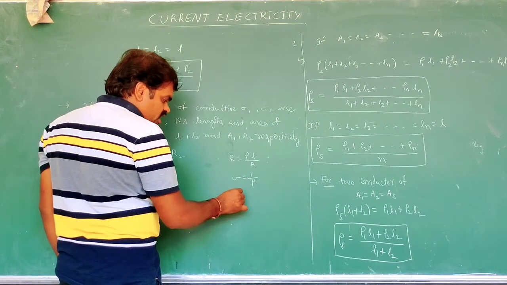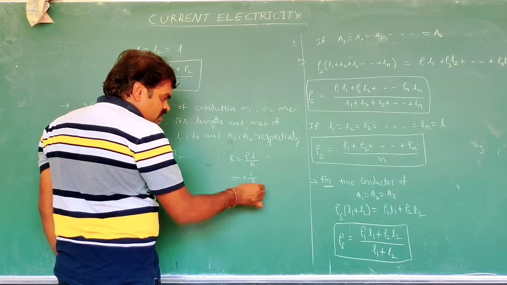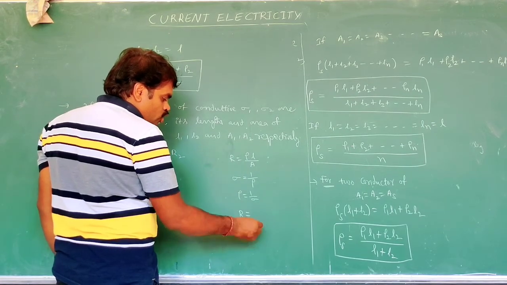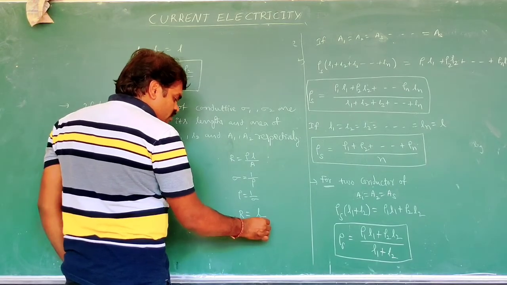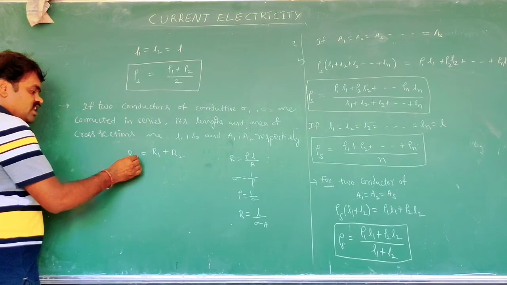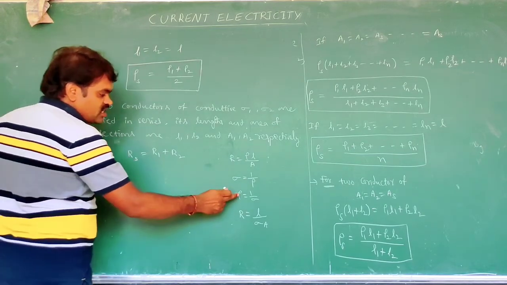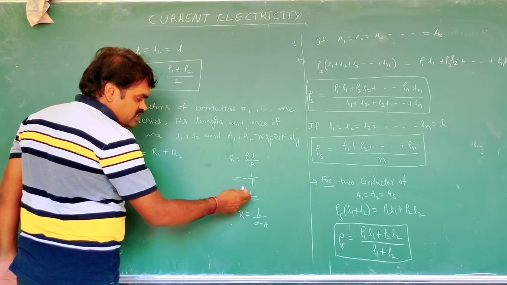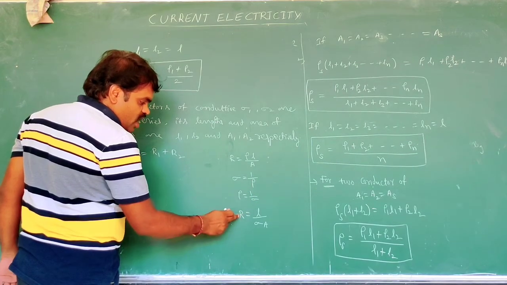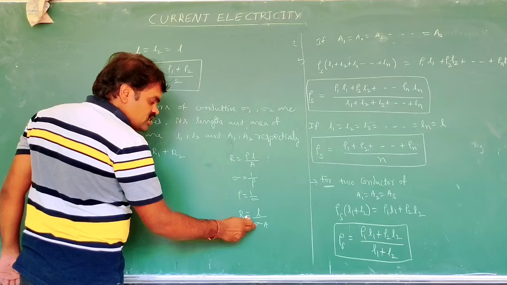Then we substitute rho is equal to 1 by sigma. Then what do you write? Resistance R is equal to L by sigma A. Conductivity is the reciprocal of the resistivity.